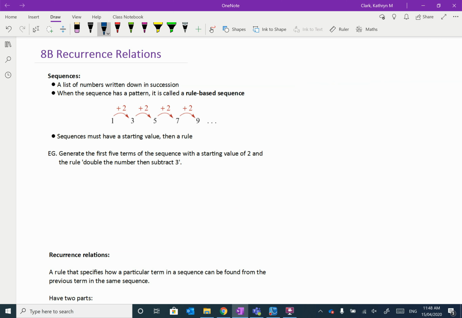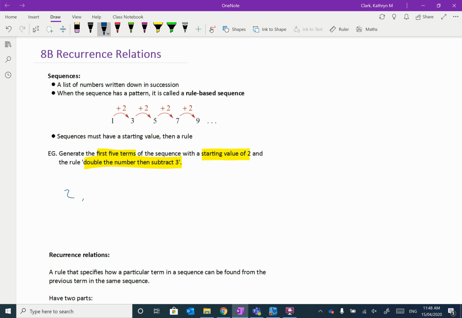All sequences have to have a starting value and then a rule that you follow to generate each of your terms. So if we're going to generate the first 5 terms of a sequence starting at the value of 2, and then using the rule double the number and subtract 3, our starting value is going to be 2. We're then going to double the number and subtract 3.